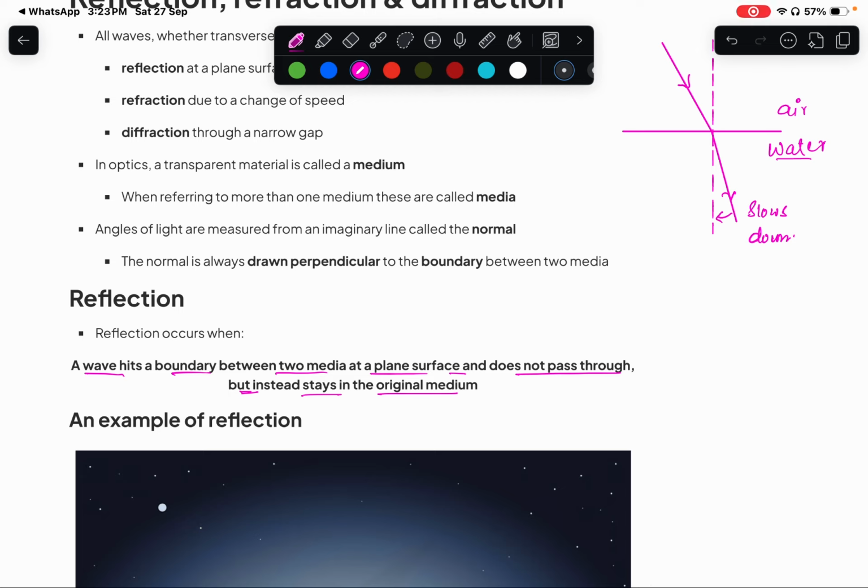When it comes to water waves or other transverse waves, what happens if there are two mediums, one deeper and the other shallow? Although they are both water, they are different in depths, so their densities would also be different.